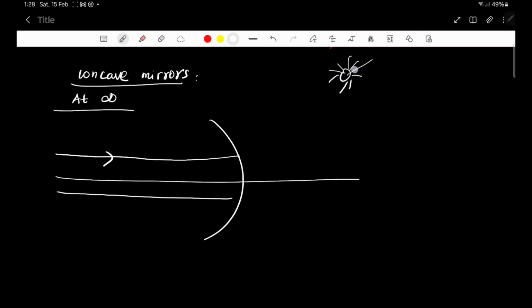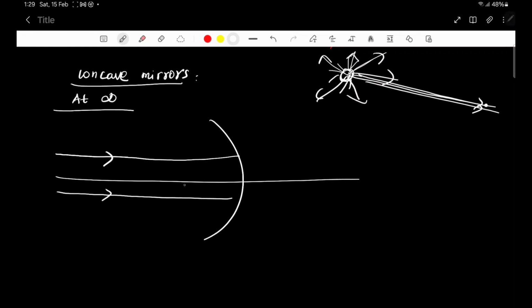From the sun, in all directions light rays emerge. They have a tendency to diverge near the surface of the sun, but very far away from the sun, the light rays are nearly parallel. So you can make use of the same assumption here. If the object is located very far away from the concave mirror, whatever light rays come from that object and approach our concave mirror can be treated as parallel.